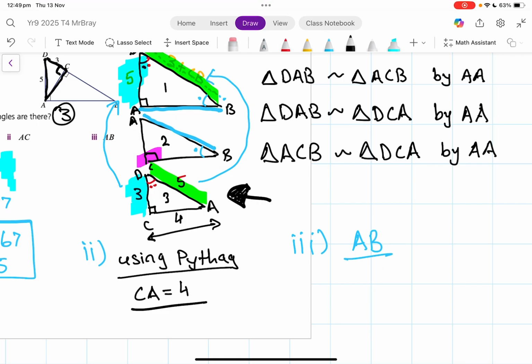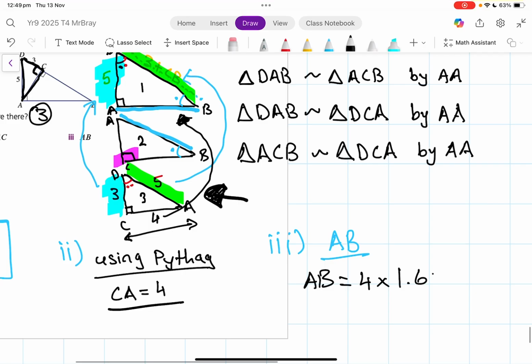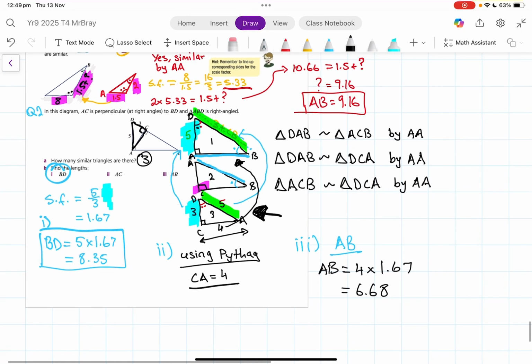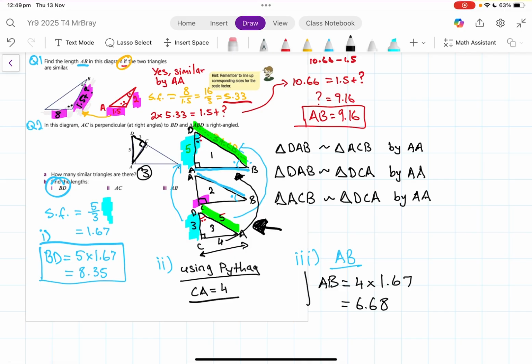So we can just go from there to there using the scale factor. So AB, the length we're finding, is going to be equal to 4 times the scale factor, which is 1.67. So 6.68. Okay, cool. And that would be that last question answered too.